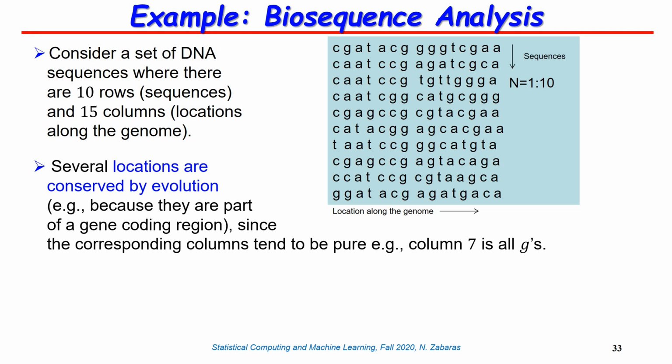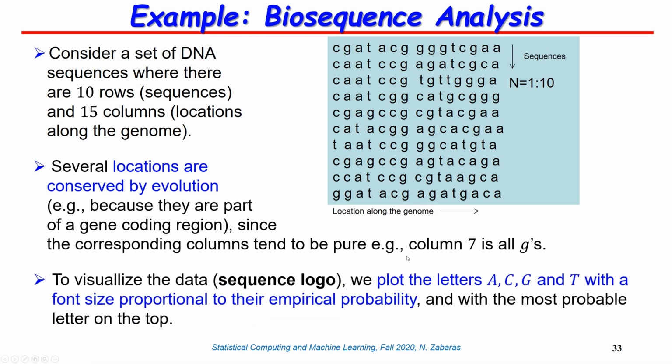And what you do is you plot these empirical means or MLE estimates by showing these letters in sizes that are proportional to the MLE estimates. So for example, if in one location you have more C's, what you will do is you will plot the letter C to be much bigger than the letters T and G in proportion to its frequency in the first location in the genome.